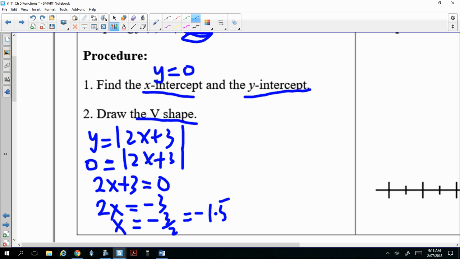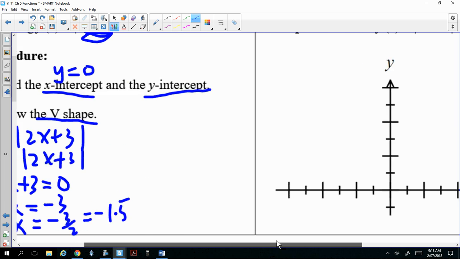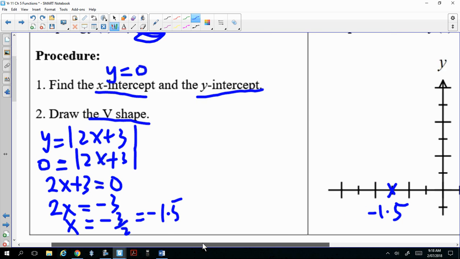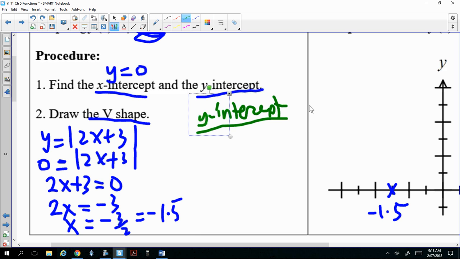So on your axis, plot negative 1.5. That's your x-intercept. And then you find the y-intercept. What's the y-intercept? X is 0.